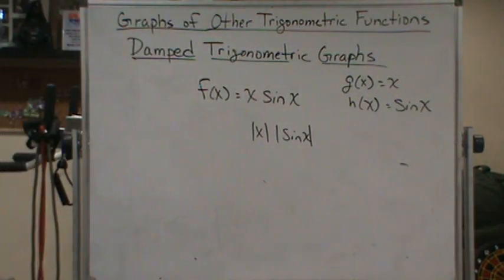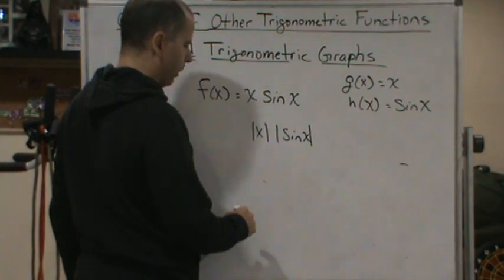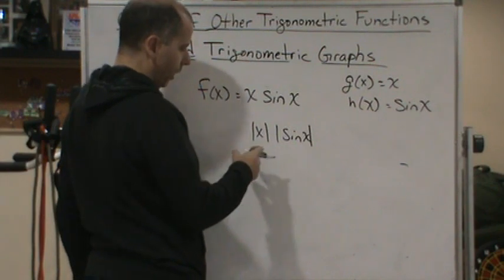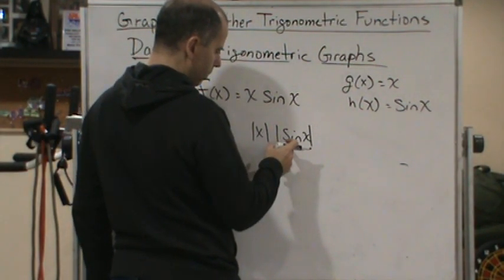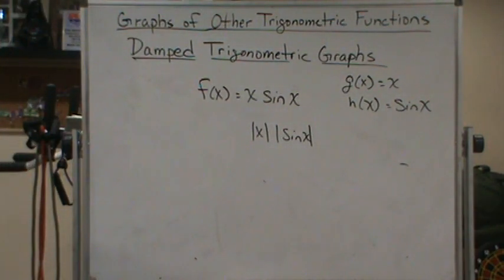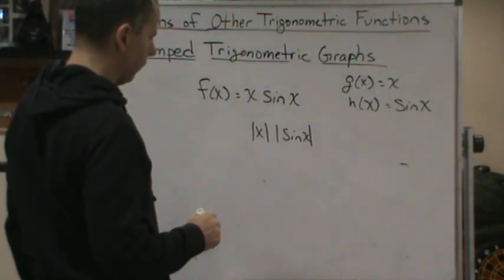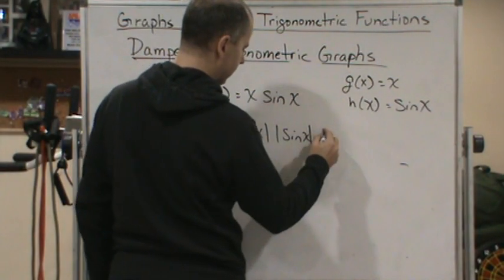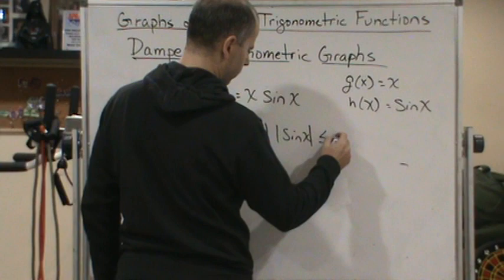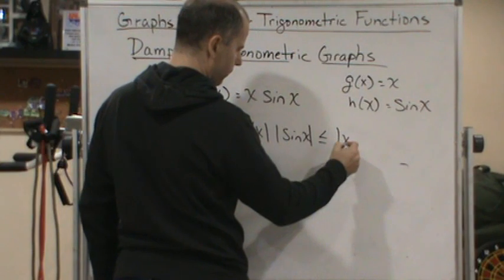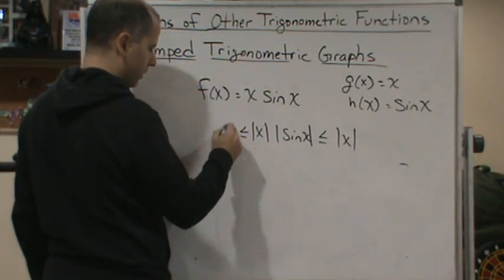Okay? Well, we know that that's going to be between what? Well, x can go off to negative infinity, right? It goes off to positive infinity, right? But sine x is going to bounce between 0 and 1. And of course, another way to see that, this is going to be 0 to 1, so this is going to go from the absolute value of x to 0.